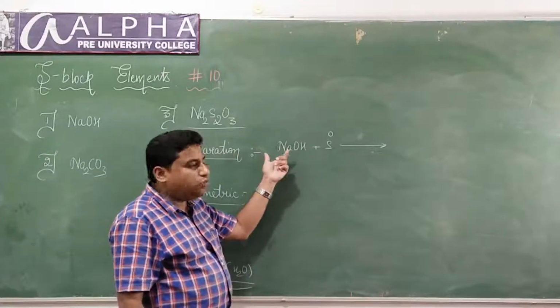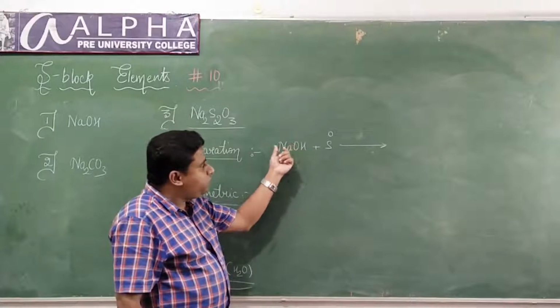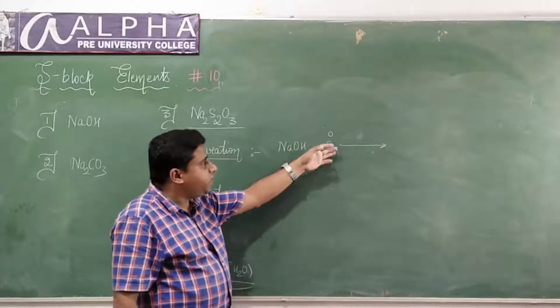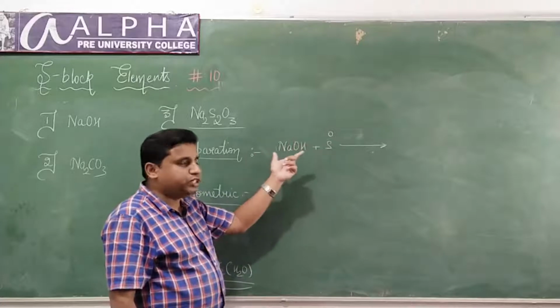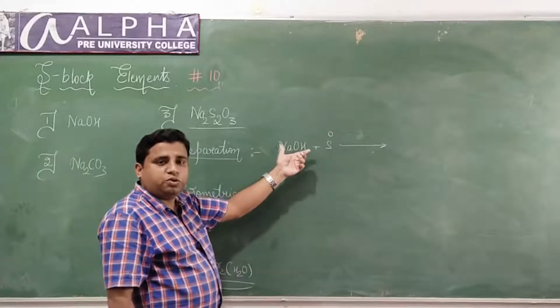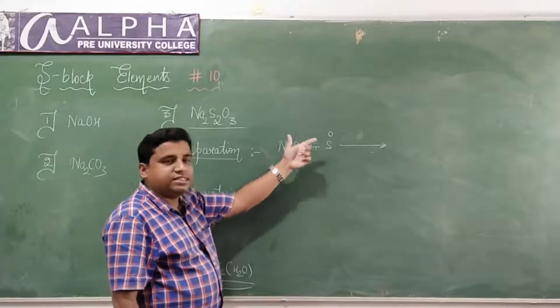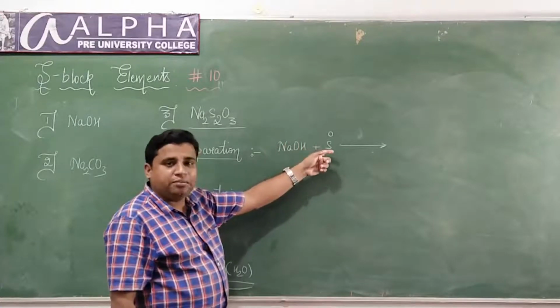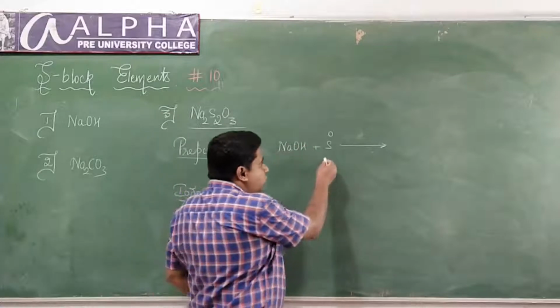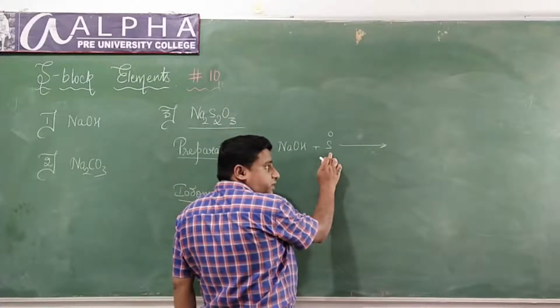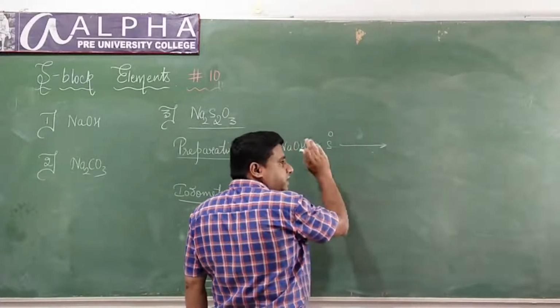Whenever in a reaction you come across a reactant in 0 oxidation state, the reaction is going to be a disproportionation reaction. What do you mean by a disproportionation reaction? In the same reaction, the same element is both oxidized as well as reduced. So in this case, sulfur will be both oxidized and reduced.